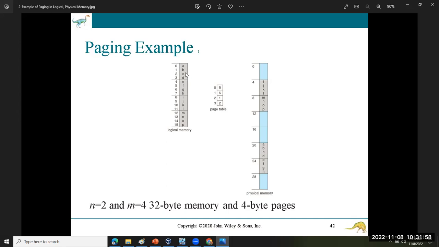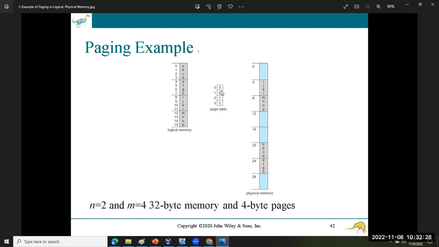So A, B, C, D here, frame memory and bytes and where those byte boundaries are, that's another part of the process. So the reason this looks different is because in this example, we're talking about address range and byte boundaries.